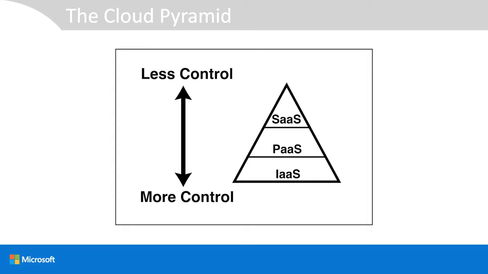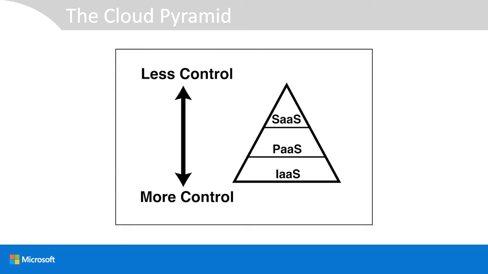That's why IaaS shows up at the bottom. So for example, a user who creates an IaaS virtual machine in Azure can then remote into that VM and install software onto it. That user has more control over the resource. However, the user is also responsible for the maintenance on that VM. If an OS update is needed, the user has to install that update.